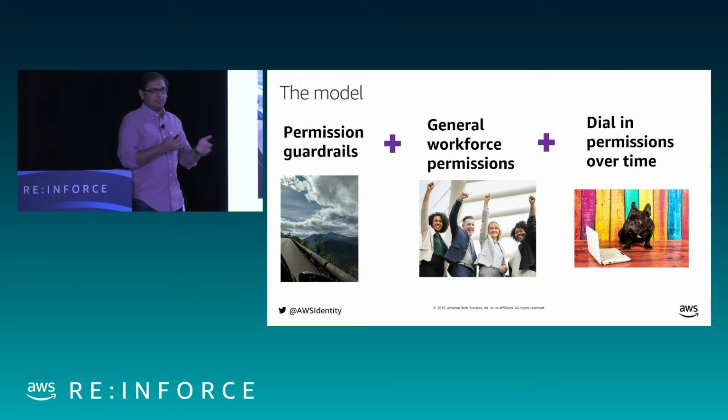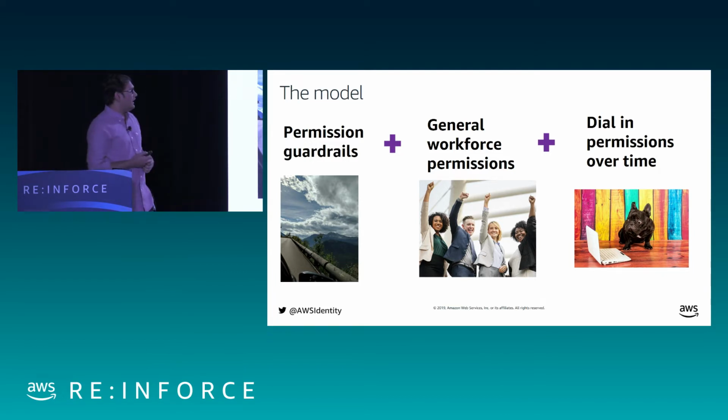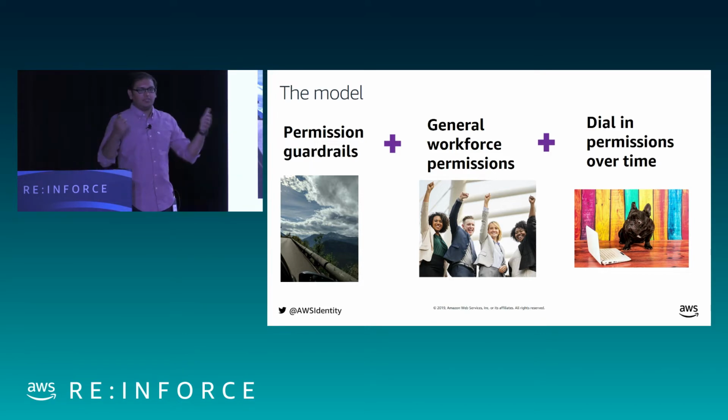These are the permissions that you create for your users that grant them access to resources. And finally, dial in permissions over time. So you can start broad when your projects, workloads, and applications are new, and then use tools that AWS provides to dial in permissions over time when access control patterns settle.